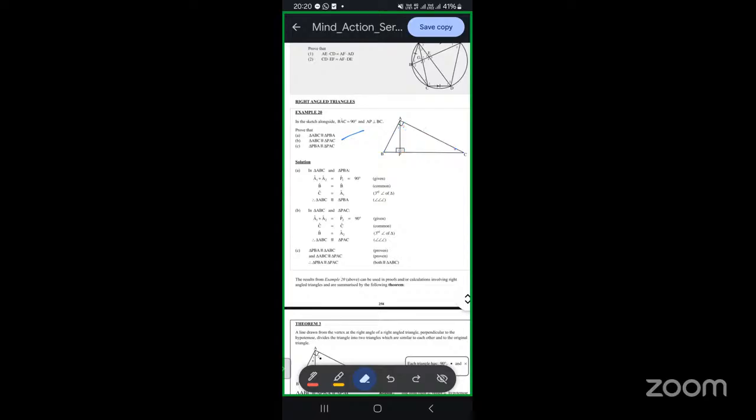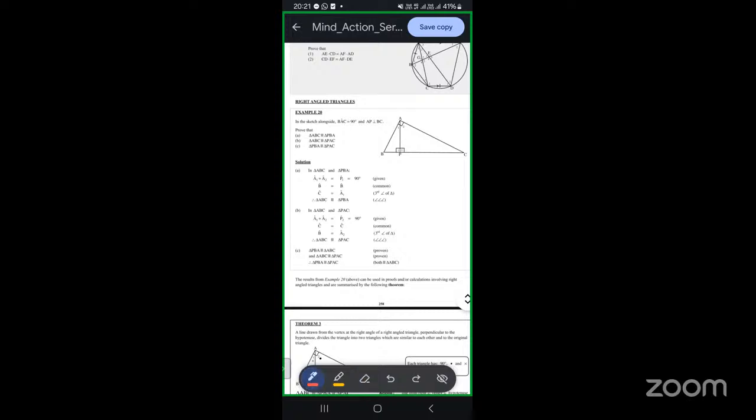Now the last one is this one. We have proved this, and we have proved this. Now we are required to prove that triangle PBA is similar to triangle PAC. We can see that triangle ABC is common.